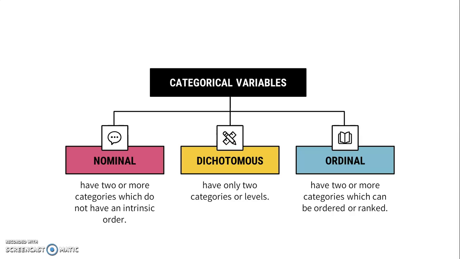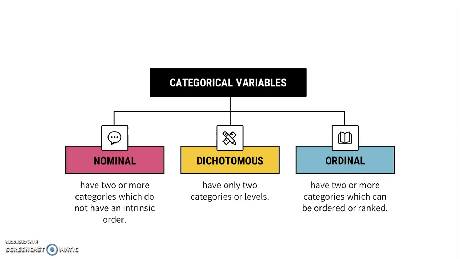Well, the last one of categorical variables is ordinal variables. Ordinal variables have two or more categories which can be ordered or ranked. Ordinal variables allow us to rank order the categories in terms of which category has less and which category has more of the quality represented by the variable.